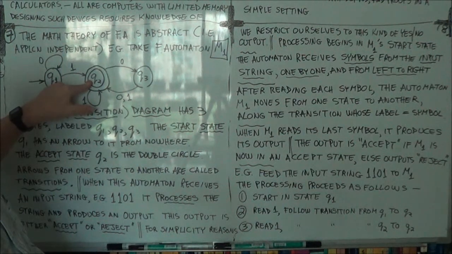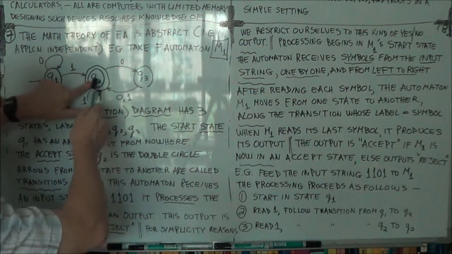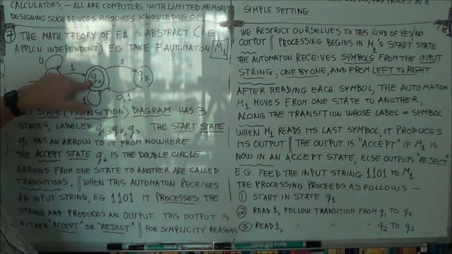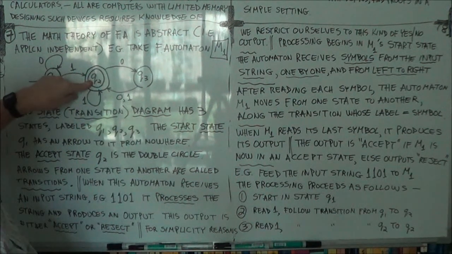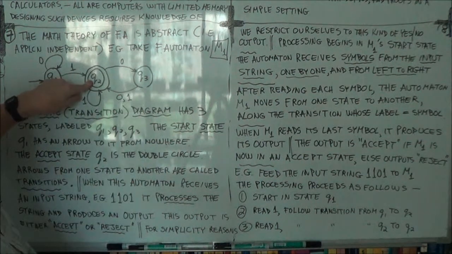If it is in an accept state, it will output the decision accept. Well, this is our final state, the last state after it read the last symbol in the input string. It's Q2, and Q2 is an accept state. In fact, it's the only one. There's only one accept state in this very simple automaton.